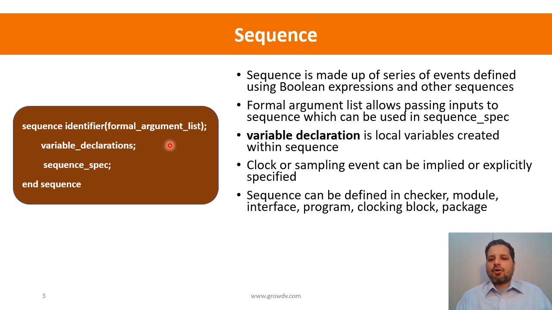Let's say you built a reusable sequence, and it's getting used in different properties operating on different clocks or sampling conditions. Then you don't want to specify a sampling condition within the sequence, because that makes it more specific. So you leave it out, and depending on the context where the sequence gets used, the clocking event gets inherited or implied, and hence the sequence becomes more reusable.